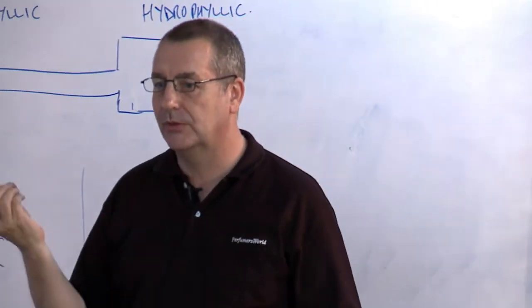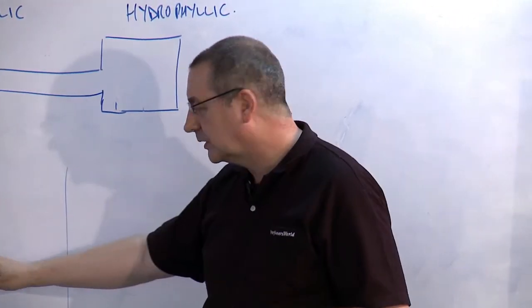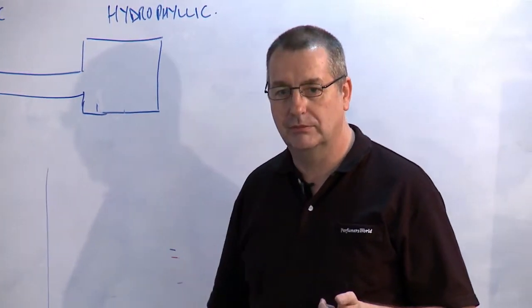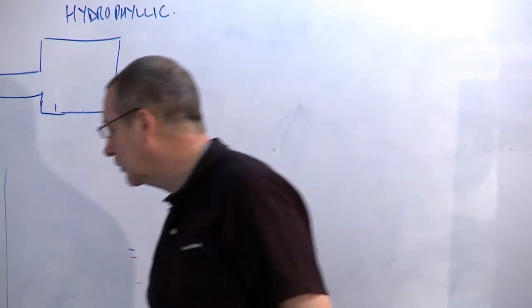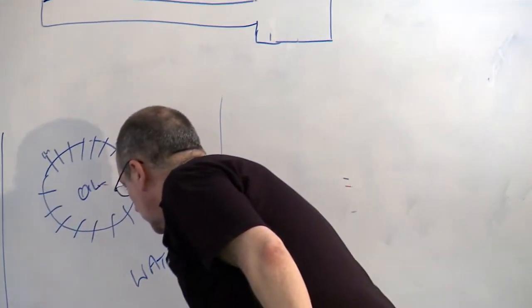Milk is one of the most simple. So this is called an oil in water emulsion because the oil is floating in the water. Oil in water emulsion.